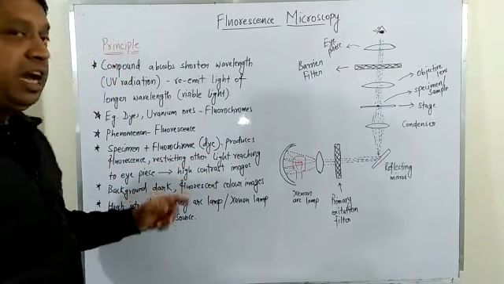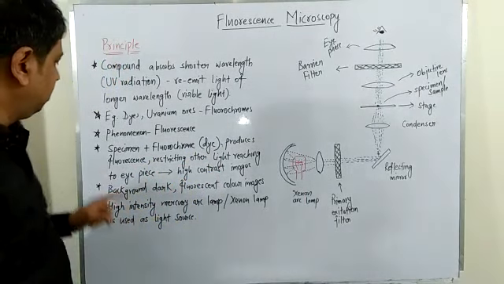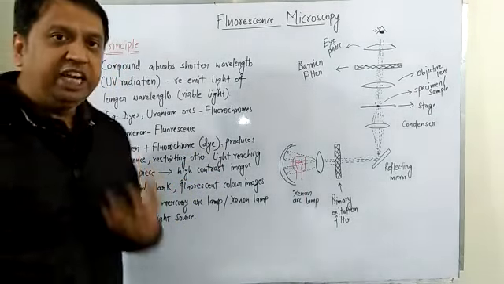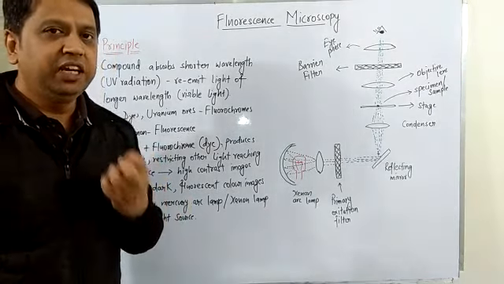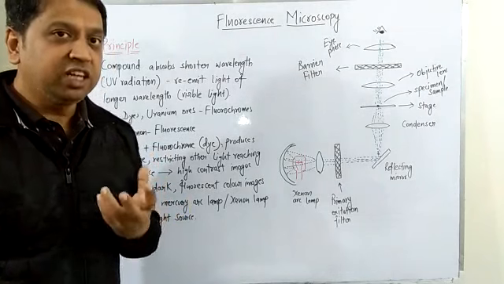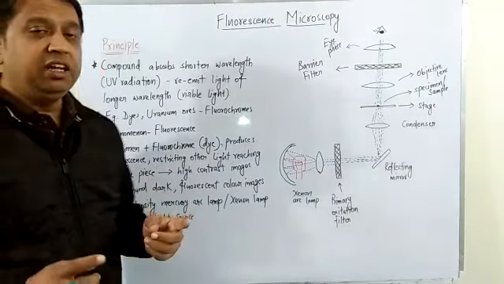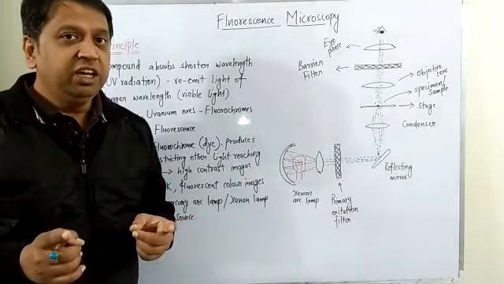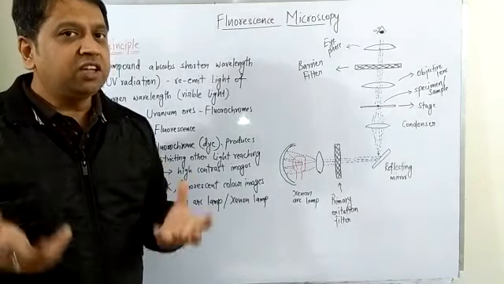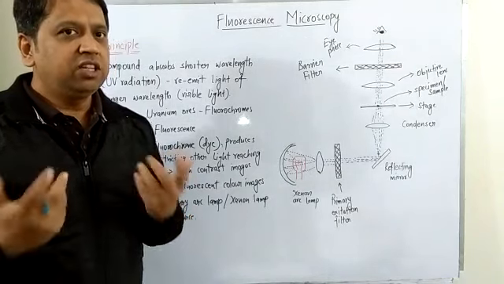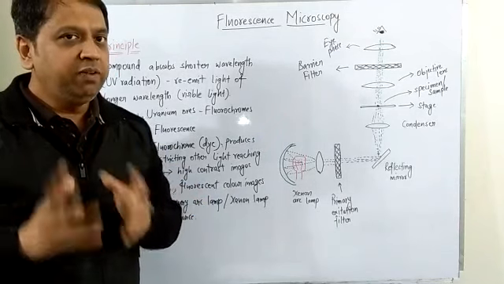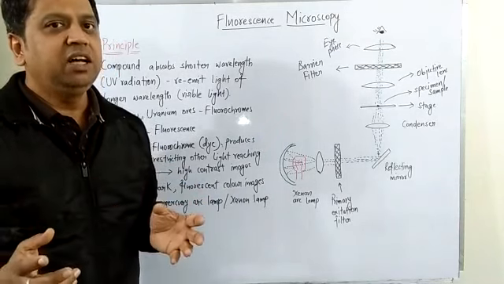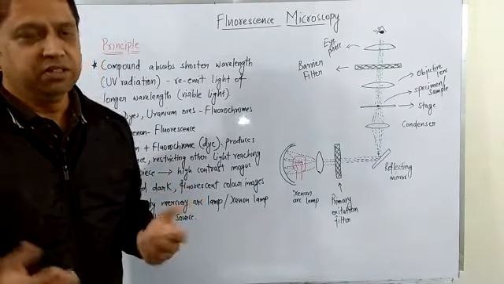So there will be a high contrast image with a jet black background, and the image appears in a fluorescent color. In this way we have increased the contrast, and that's why there is more clarity in the image of the specimen.